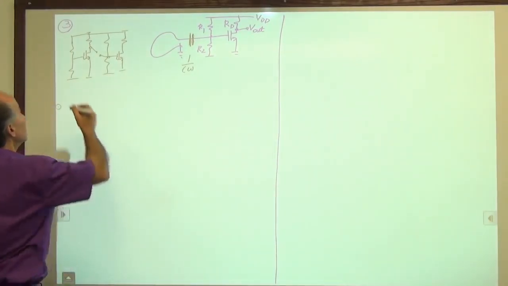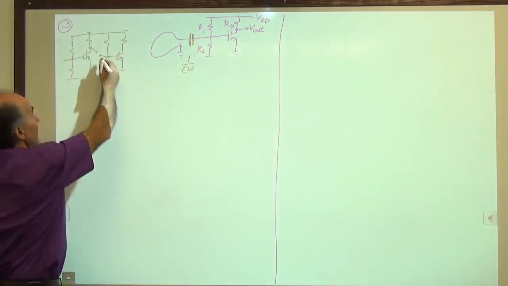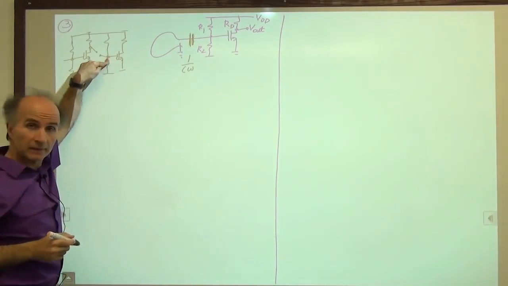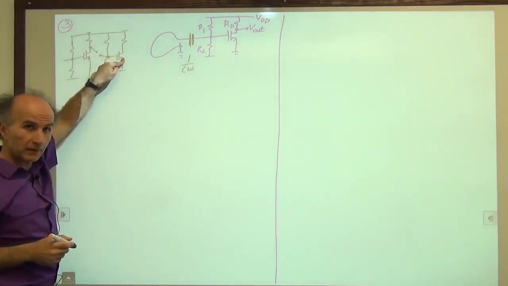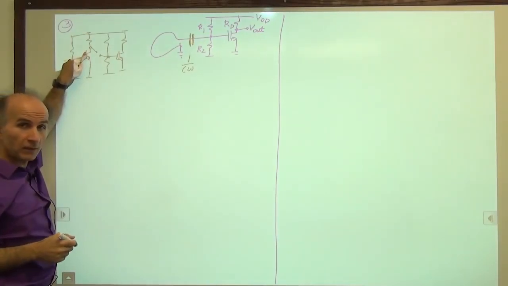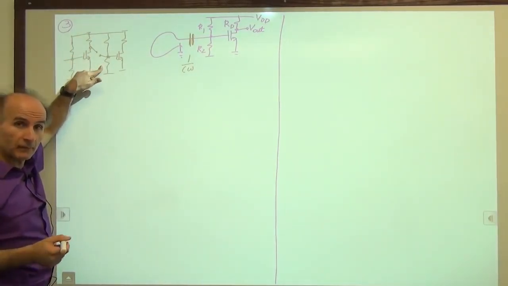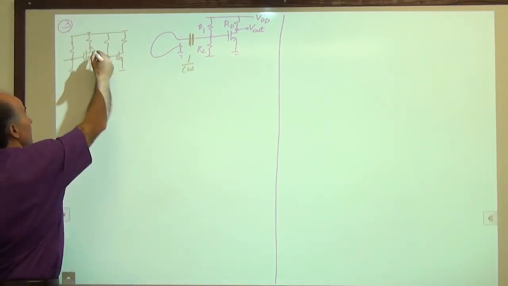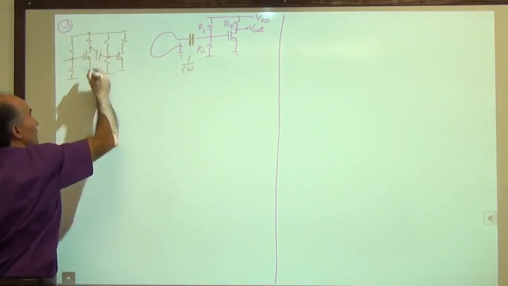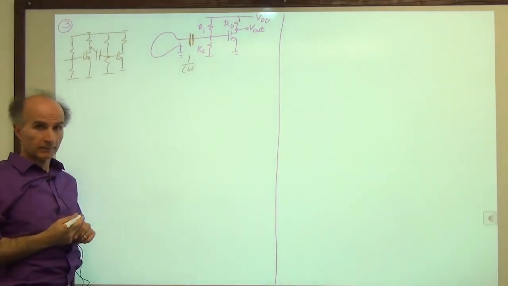So now, if we have a situation like this, are we sure that this bias required for this gate and this bias required for this device to be in saturation agree with each other? Maybe they don't. Then, if that's the case, place a capacitor between these two. That's one solution to avoid this problem.